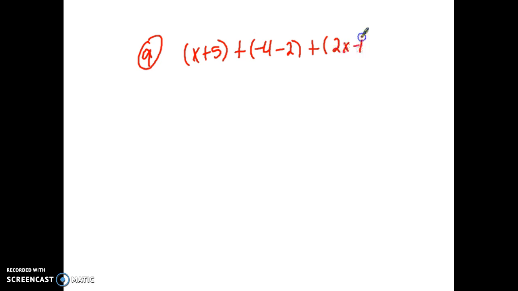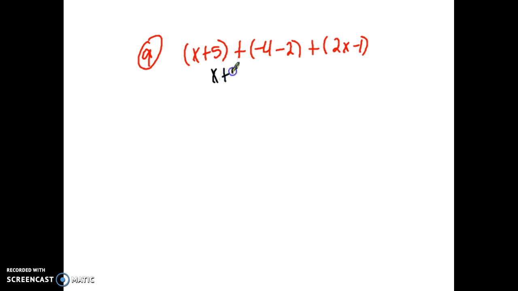Number 9. Find the sum of x plus 5 and negative 4x minus 2 and 2x minus 1. So I'm not distributing anything.